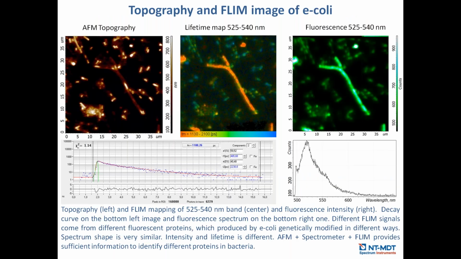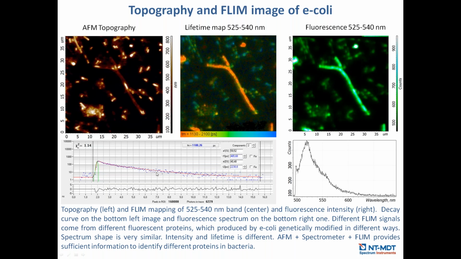And another example of the technique is genetically modified Escherichia coli bacteria. There are two types of genetically modified bacteria which produce proteins with fluorescence, but the fluorescence differs not in the spectrum. The spectrum is very similar, they just differ in intensity and also by fluorescence lifetime.